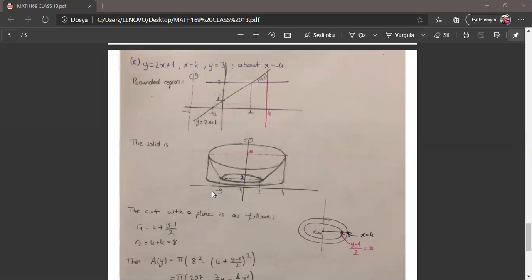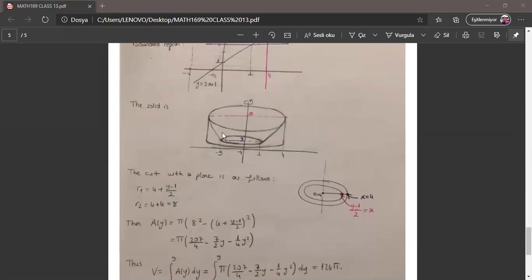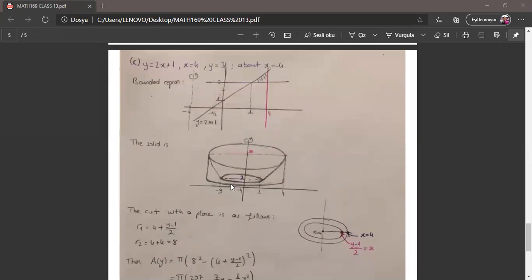So the inside circle is based on y equals 3, right? As in here, y equals 3. And above it is here, sorry, it is here.